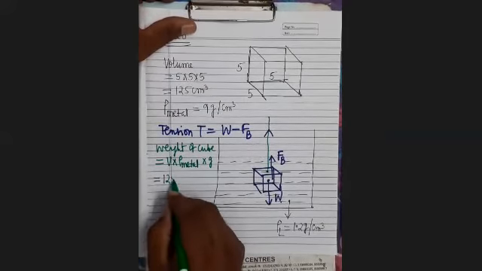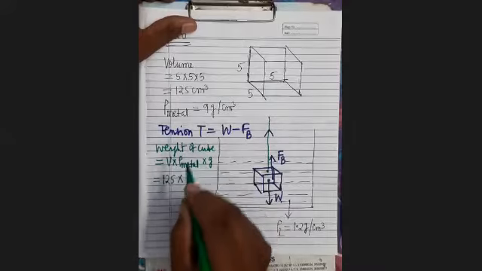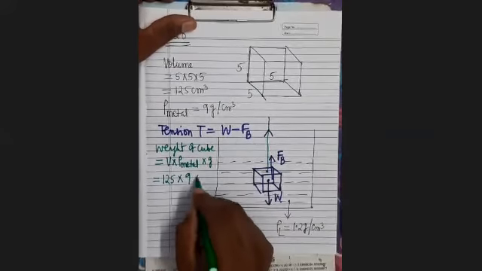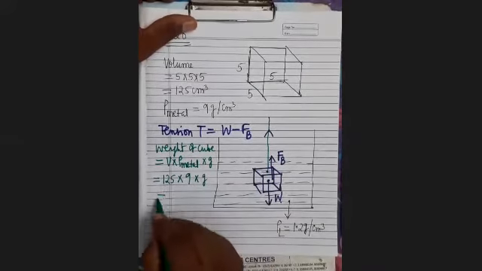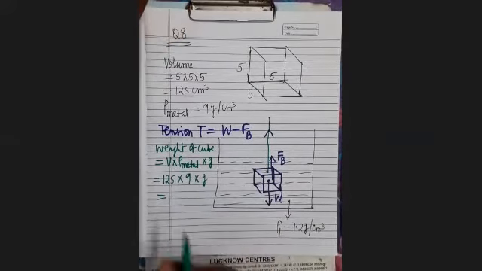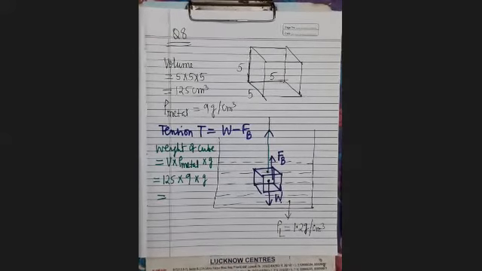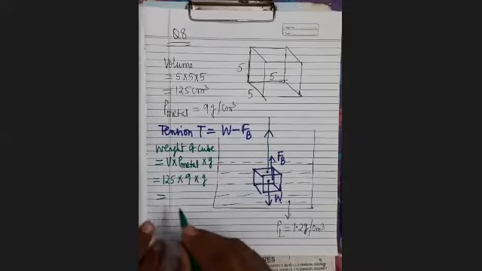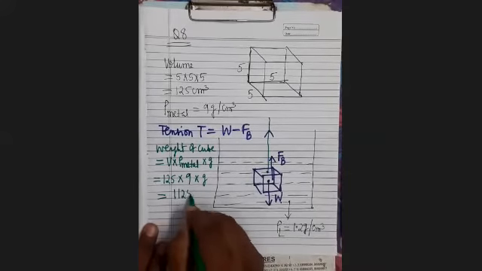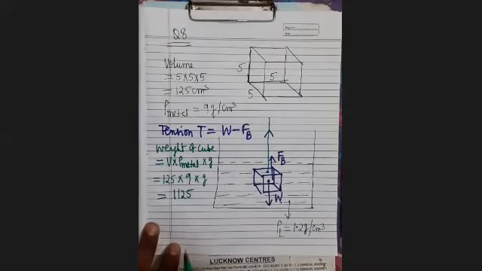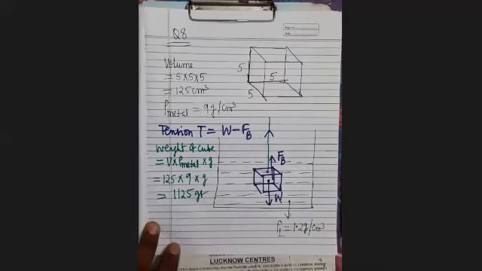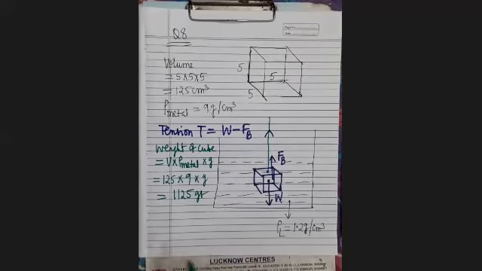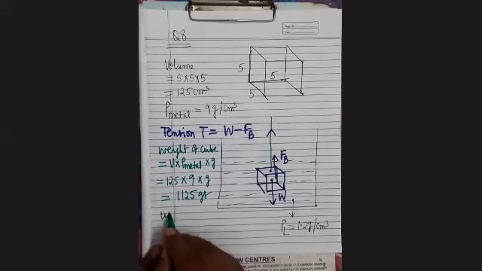Volume is 125. Density of metal is how much? 9 into G. So it is equal to how much? 125 into 9, it is 1125. Remove the value of G, it will come in gram force. Now, what is upthrust?